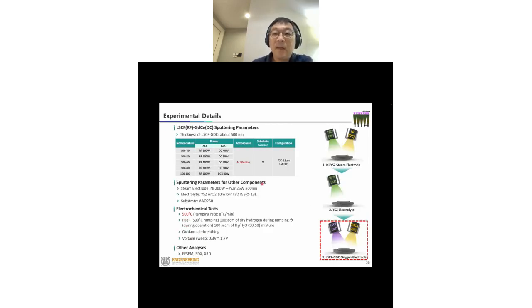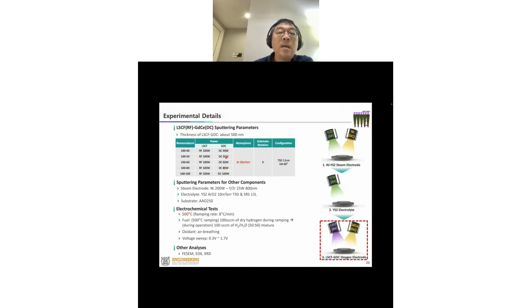What's important is basically the cartoon here. We have LSCF and GDC. The GDC is a metal target, so we use DC power, and the LSCF is an oxide target, so we have to use RF power. These are co-sputtered. The important parameter in this co-sputtering process is the power ratio between the two targets, because when you change the power, it changes the deposition rate.